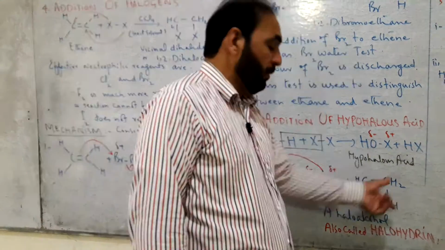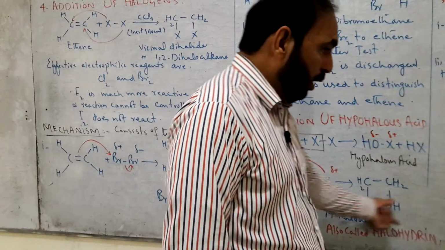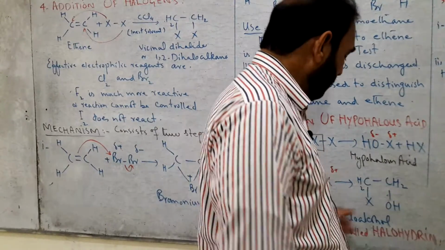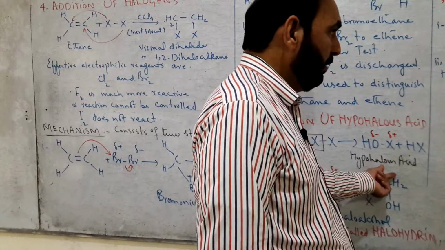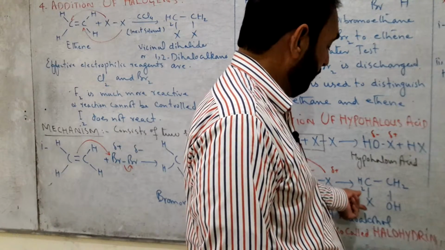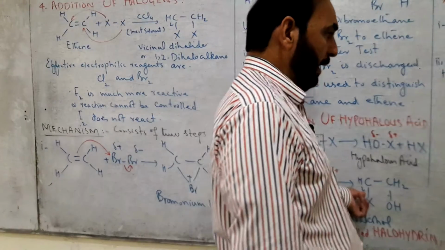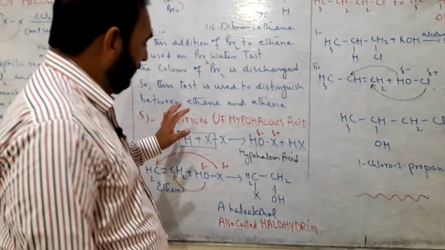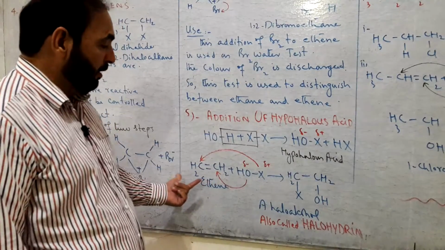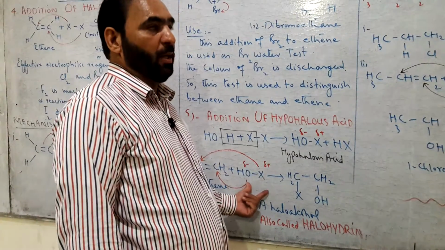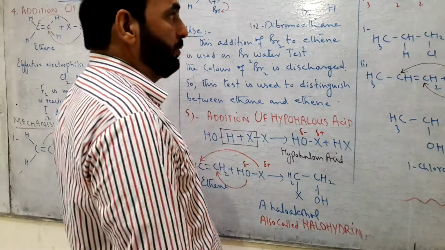And the product formed is called a halo alcohol, which is also called halohydrin, an alcohol which also contains a halo group on an adjacent carbon atom. If the alkene is an unsymmetrical alkene, then the addition of hypohalous acid follows Markovnikov's rule.